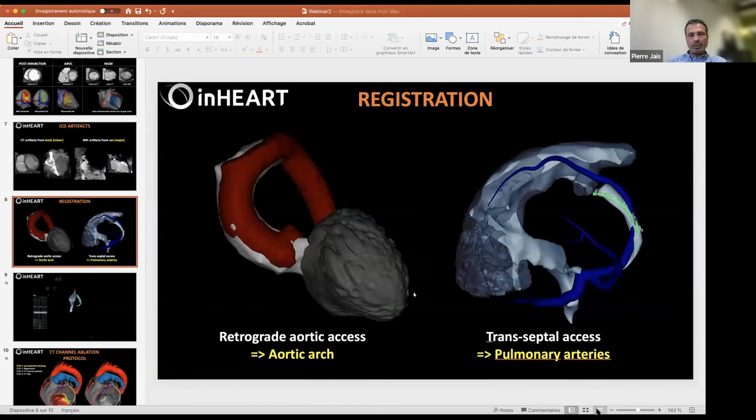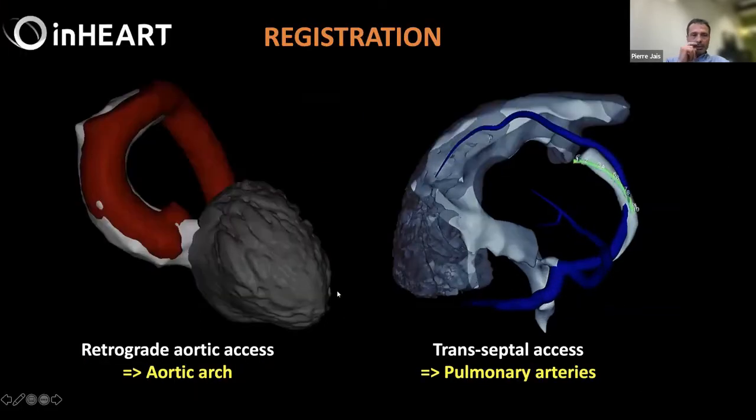it all depends on the access you want to have to the left ventricle. Obviously, two options: either you go retro-aortic or you go transeptal. If you go retro-aortic, then the registration is done as shown on the left of this slide. In red, you have the aortic arch as defined by your CT scan or your MRI. And in light gray is the same aortic arch that has been fast mapped with the ablation catheter.